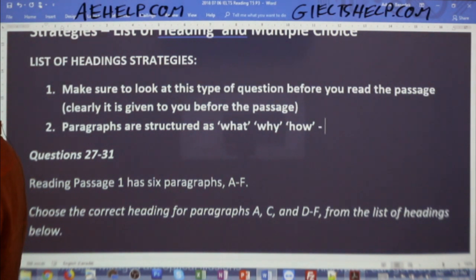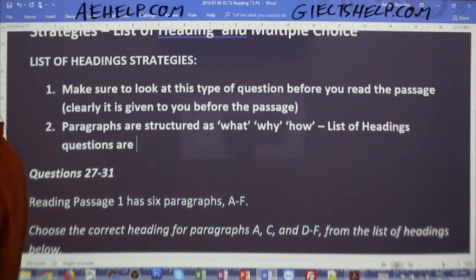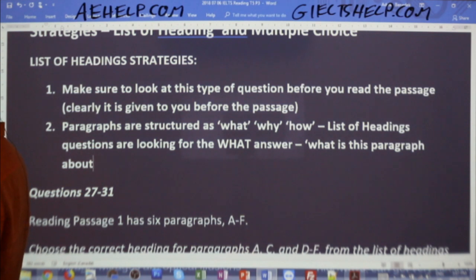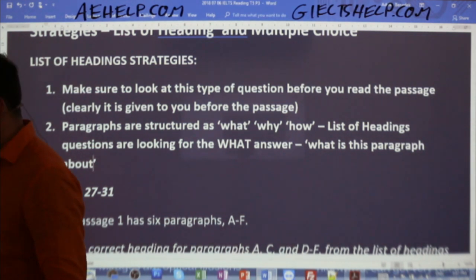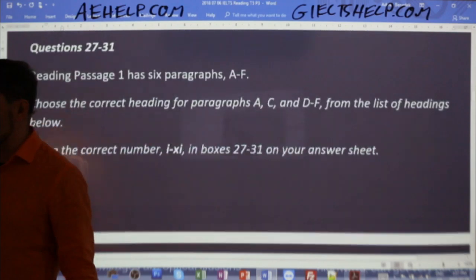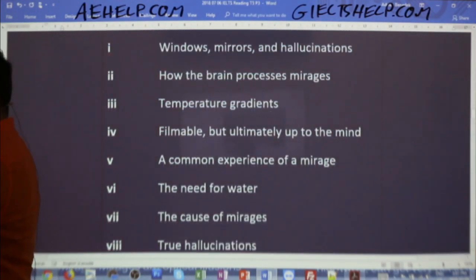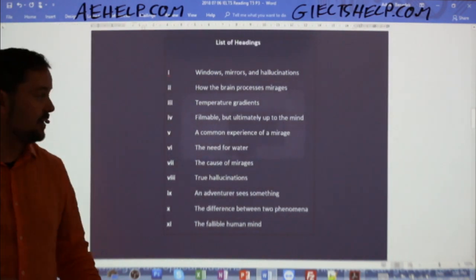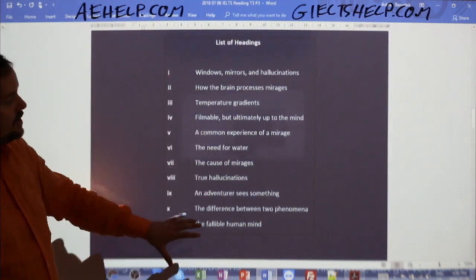And the key here is list of headings questions are looking for the what answer, okay? Meaning, what is this paragraph about? Okay, now this is important to think about because you will have some choices. So when you look at your choices, here are the choices for this reading, okay? I'll make it a little bit smaller here. It's okay that you can't read it, but you have 11 choices here.